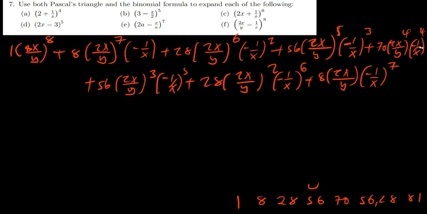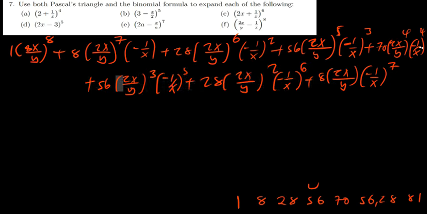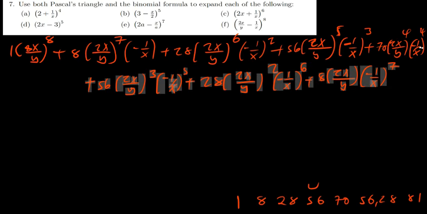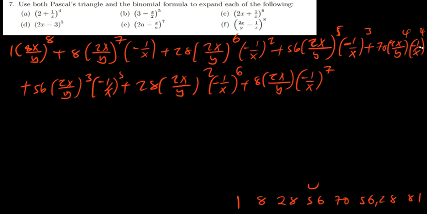So still I don't have enough space, so I have to shift this to the other side. Okay, like here. Then I'll have plus the next coefficient, just 1, sorry. So you'll have 1, then that other one is going to be 0, then negative 1 over x raised to the power 8.